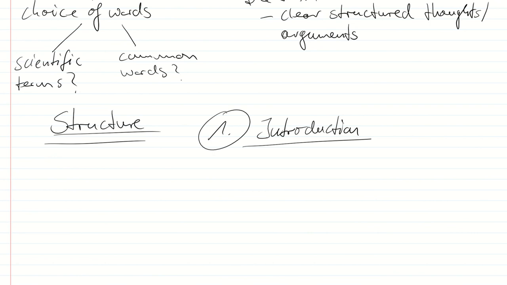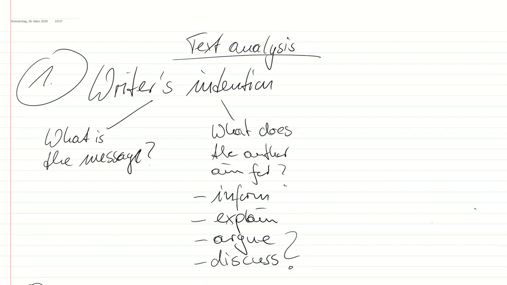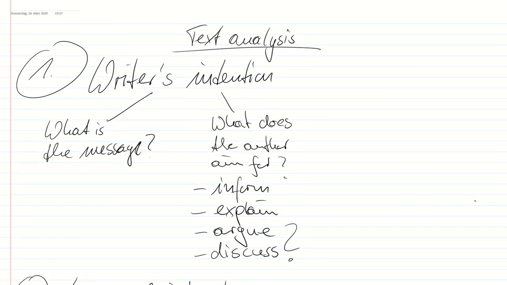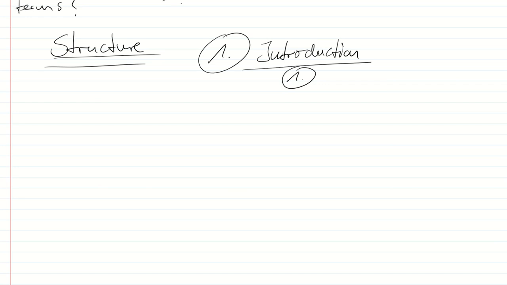In the introduction, we have the first aspect, which is the writer's intention. Of course, you should also name the author, name the source, and the publication date. And then, of course, number 1, the writer's intention. So that's the aspect you write in the introduction of your text analysis.